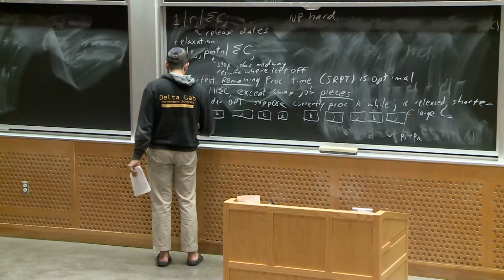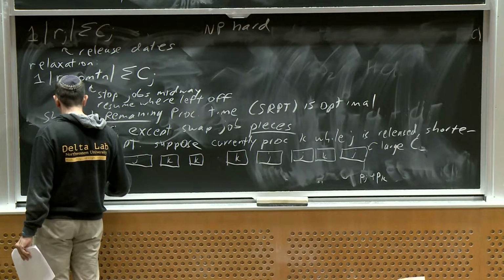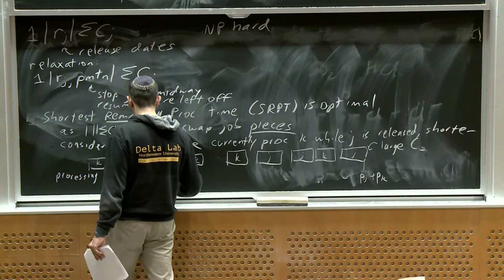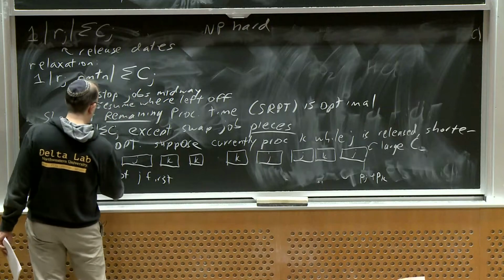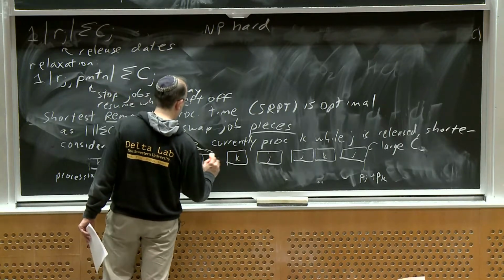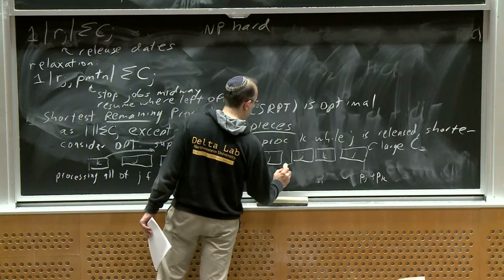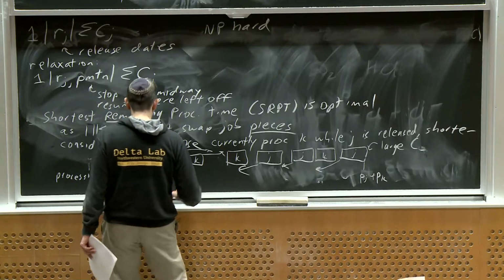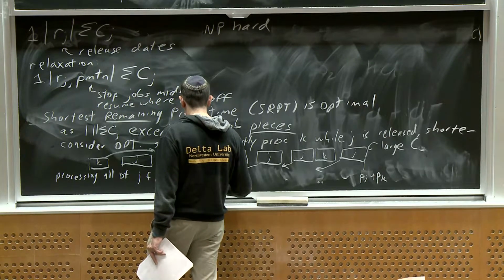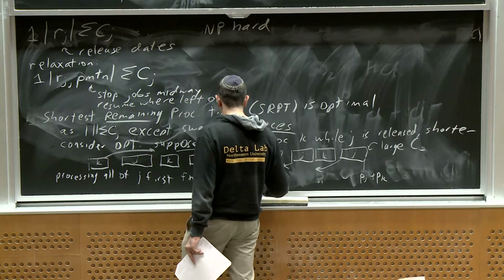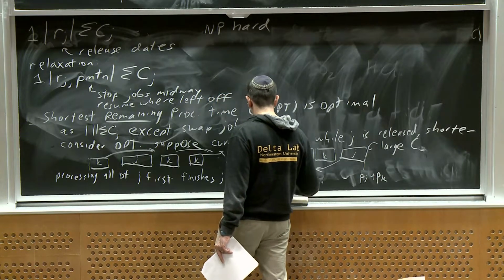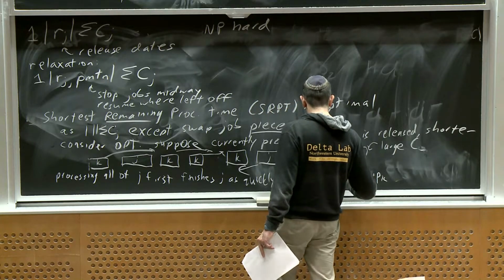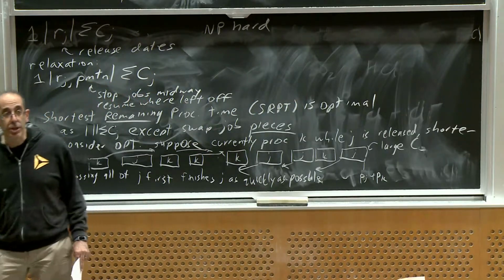And if we process all of PJ first, right? So I send the K work forward and send the J work backward. Right? So if I do all of the J work first, that finishes job J as quickly as possible, without changing the latter completion time.